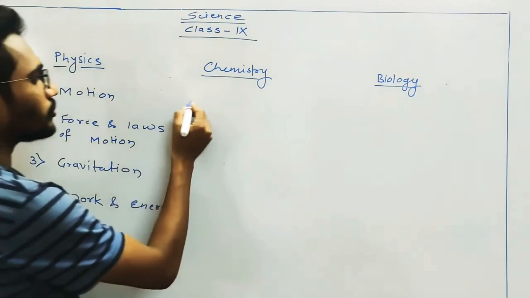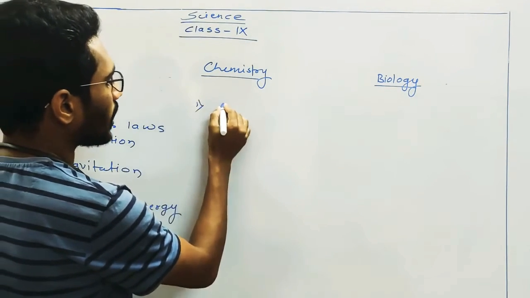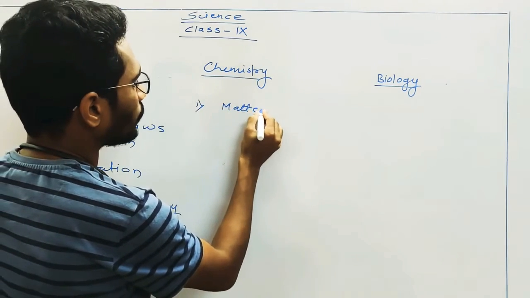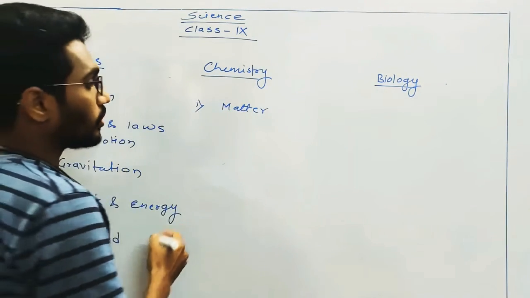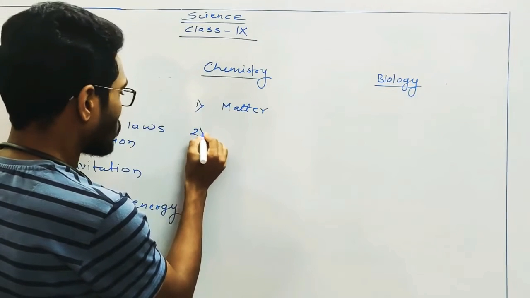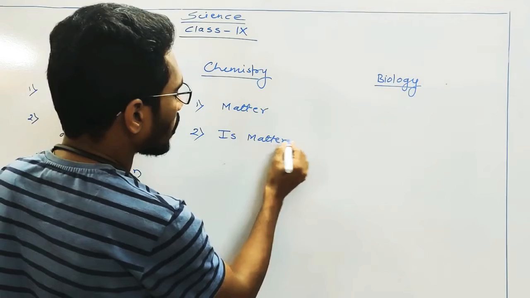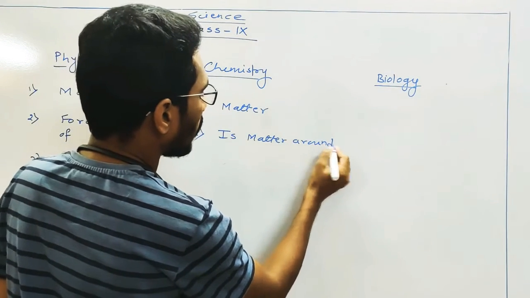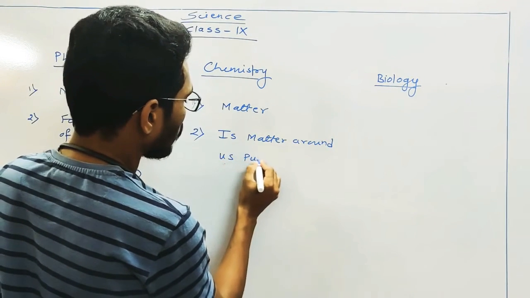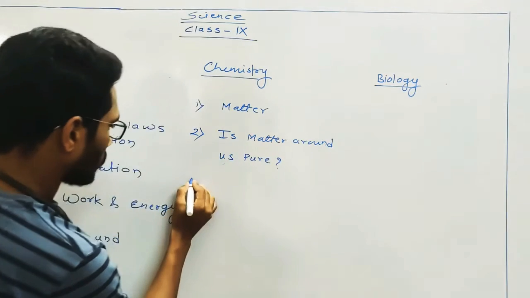Now talking about chemistry. In chemistry we are having first chapter, matter in our surroundings. Second chapter is is matter around us pure.